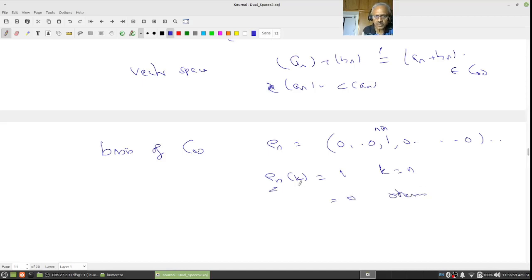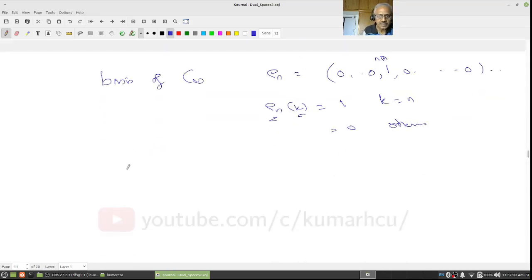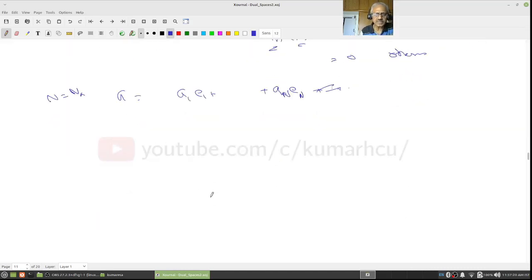Think of this as a sequence: kth term is 1 if k equals n, otherwise 0. Right? Therefore, any a can be written as a1 e1 plus up to a_N e_N, where N equals N_A. After that 0, 0, so I can omit that. You understand this? Anything is a finite linear combination of these, and it's unique. Therefore, that's a basis.